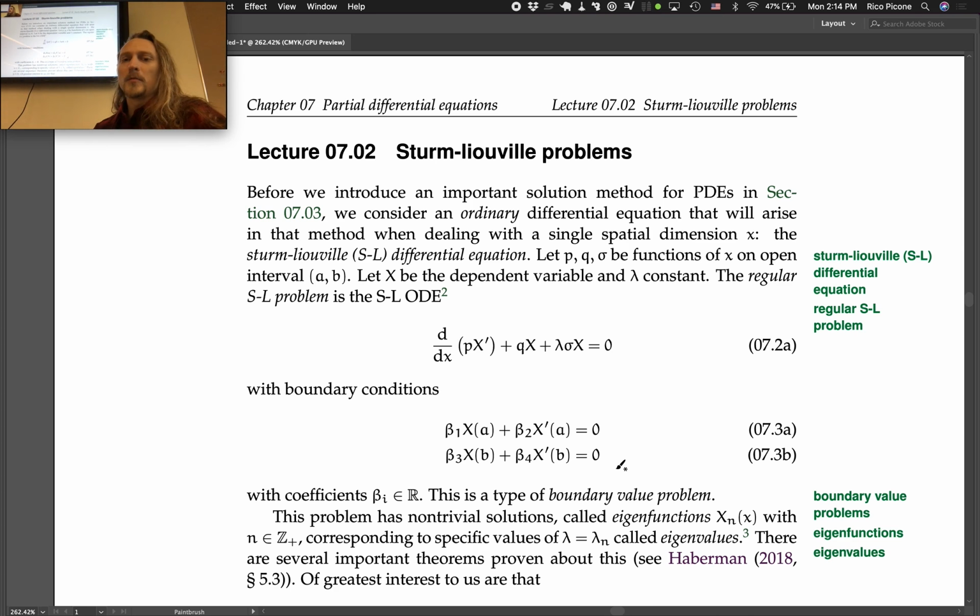This problem has two different values, a and b, of the independent variable, little x, at which you can define conditions that need to be met for a solution. So it's a little bit different than what you've seen before. Technically this is an ODE, but it's not an ODE that you will often see before you start solving partial differential equations. So it's a bit new to us.